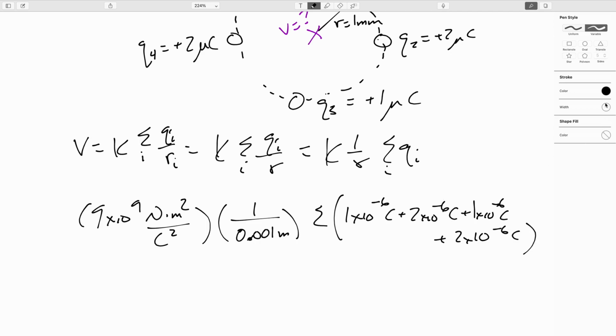So just doing this in our head, we can see that that is 6 times 10 to the minus 6 coulombs.